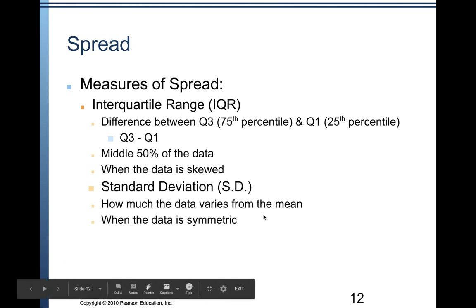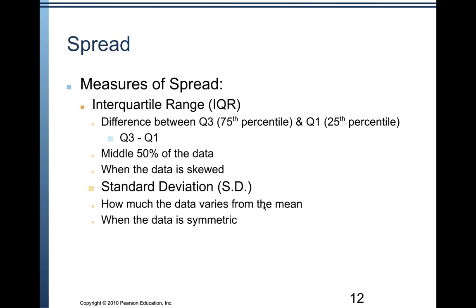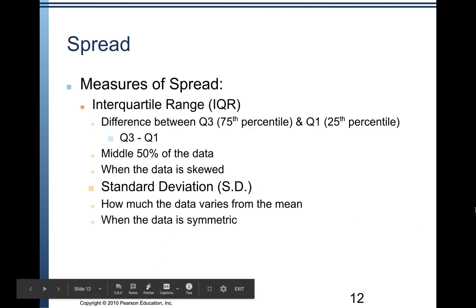The definition of standard deviation is how much the data varies from the mean, in other words, how spread out a set of data is from its mean. If the data is tightly clustered, really close to the mean, it will have a very low standard deviation. When it's really spread out from the mean, it will have a high standard deviation. And again, the standard deviation is the most accurate representation of the spread only when the data is symmetric.